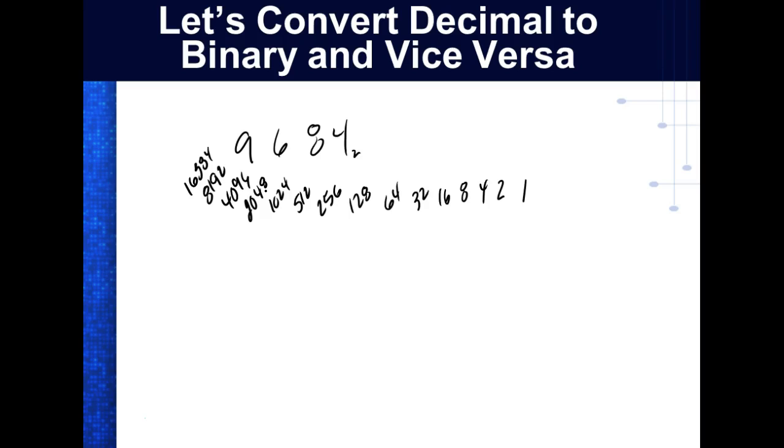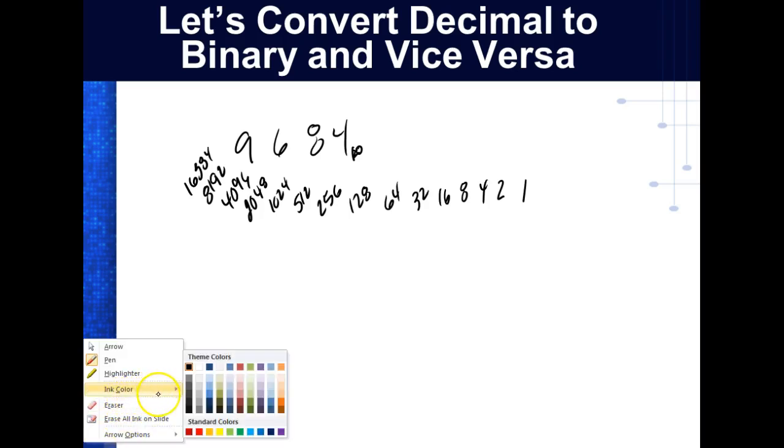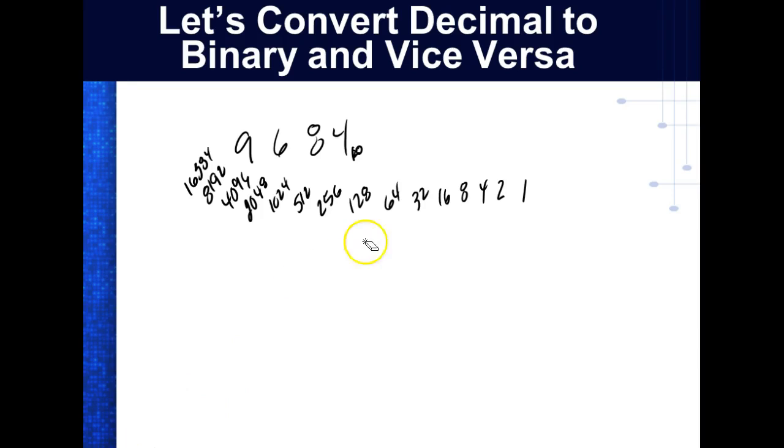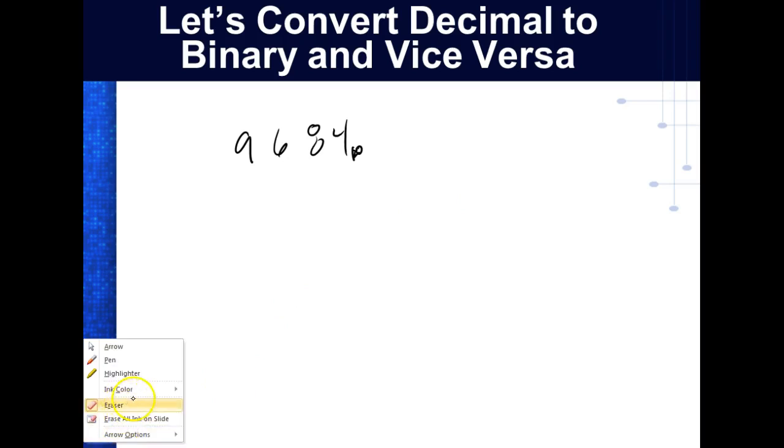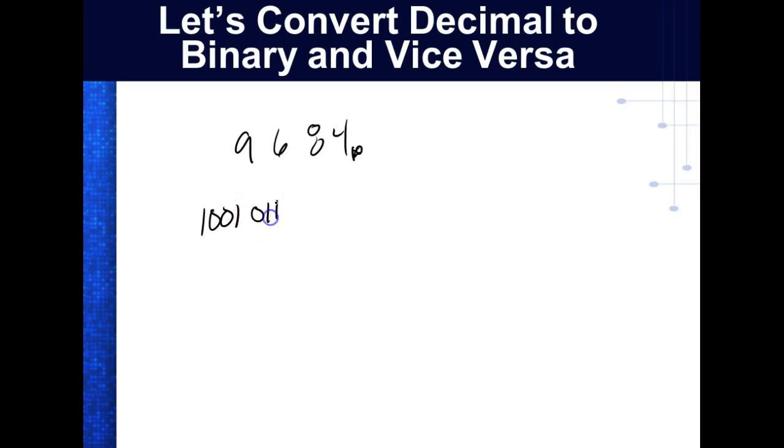Now, if I was going to go from base 10 to BCD, I would come down here and I'd write down the binary pattern for a 9. I would write down the binary pattern for a 6. I would write down the binary pattern for an 8. And I would write down the binary pattern for a 4. This is BCD. This is not weighted.